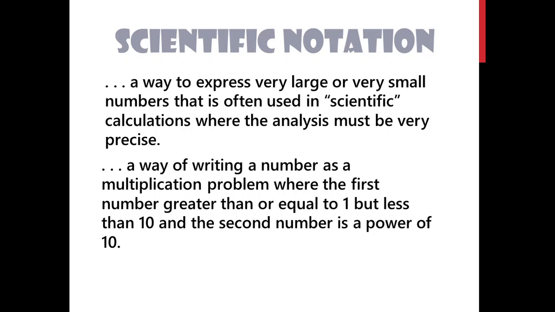Take note of this one: equal to 1 but less than 10. And the second number is a power of 10. It is expressed in this manner: N times 10 to the power n.